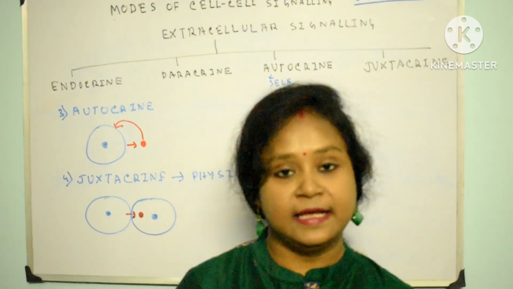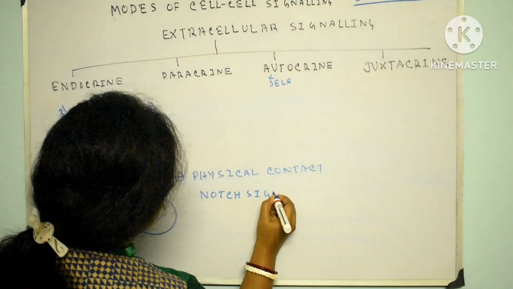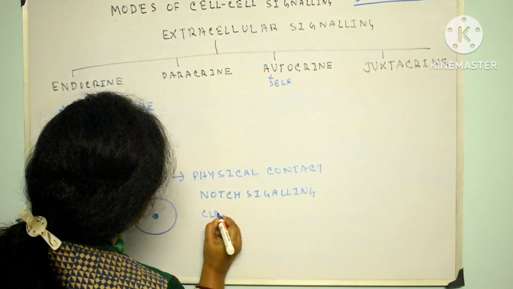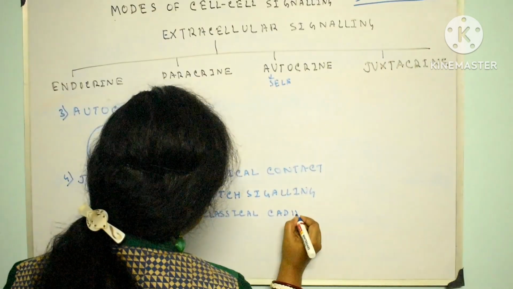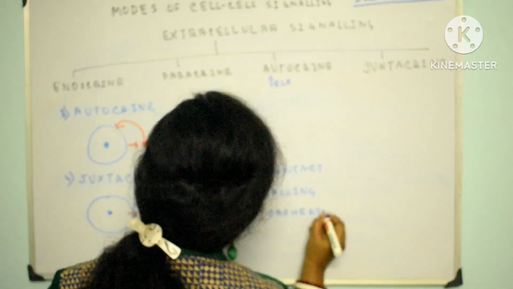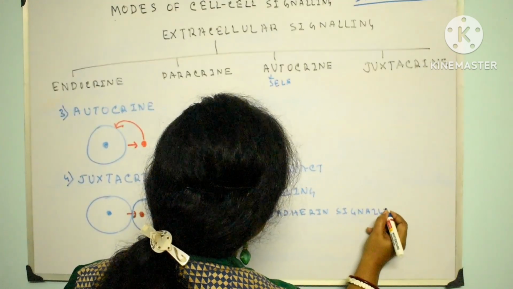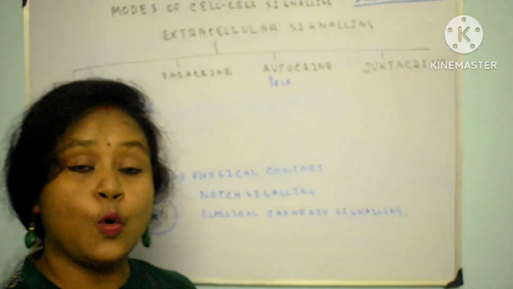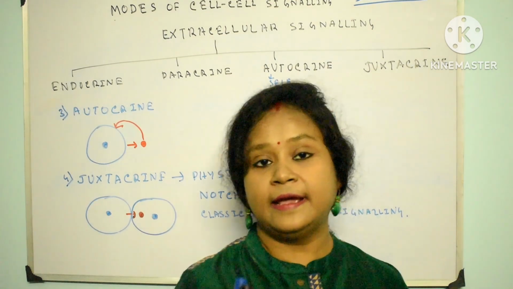Examples are Notch signaling and classical cadherin signaling.